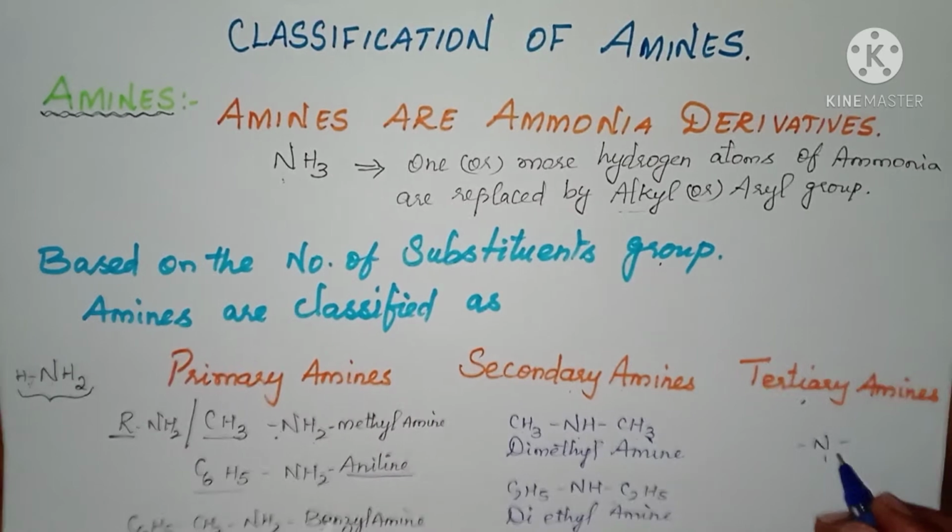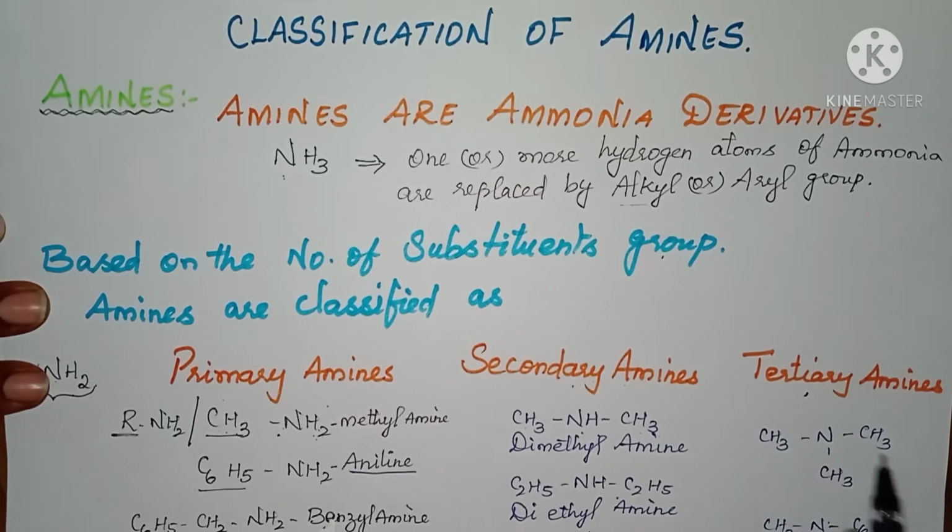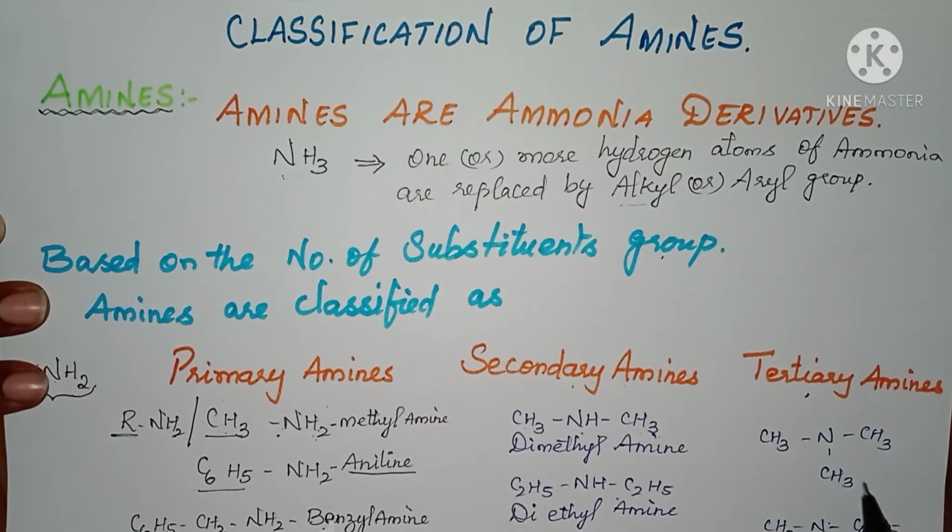See here, 3 methyl groups are attached to the nitrogen, so there is no hydrogen atom attached to that nitrogen. That is called tertiary amine. What is the name of it? Of course, 3 methyl groups are there, so tertiary amine, that is trimethyl amine. Okay, got it? Next one.